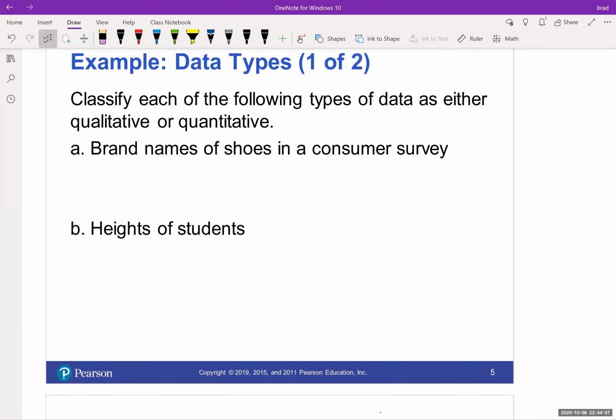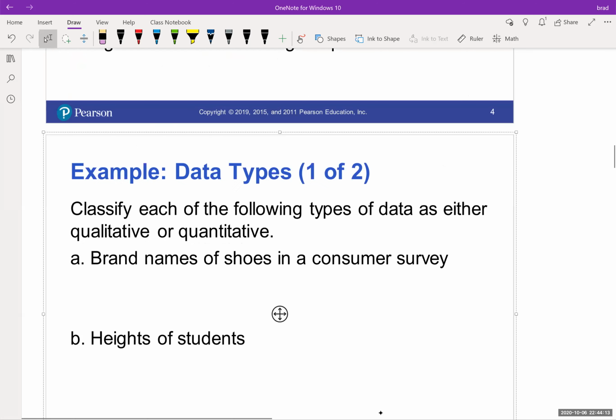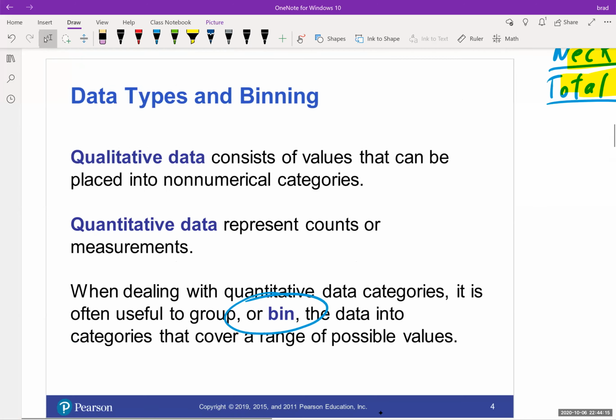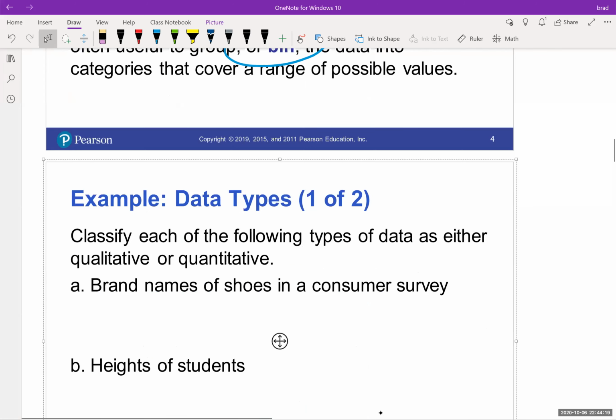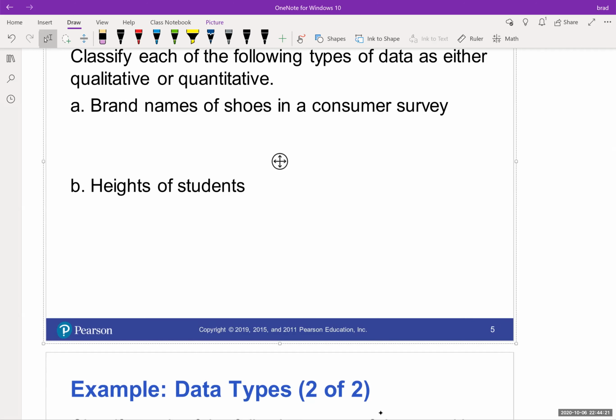Brand names of shoes in a consumer survey. So is that something that's numerical, or is that something that is almost like descriptive? Okay, so let's look up here. Qualitative consists of values that can be placed into non-numerical categories. So I would say this is definitely qualitative, right? Brand names are non-numerical, so this is qualitative.